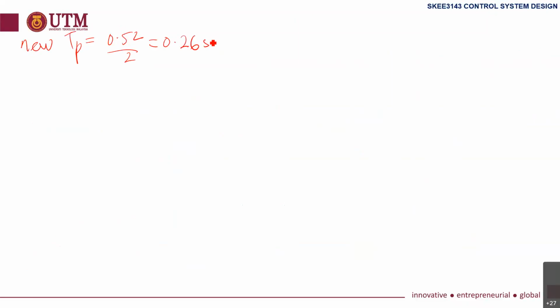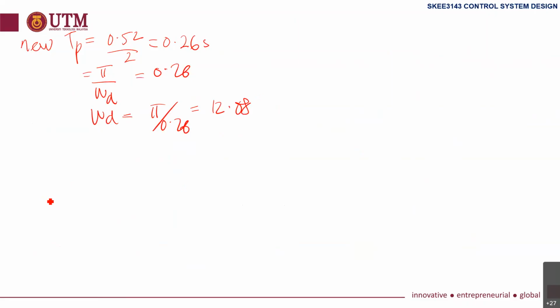This is what we want. Tp is pi over omega d equal to 0.26. Then new omega d is pi over 0.26, which is 12.08.